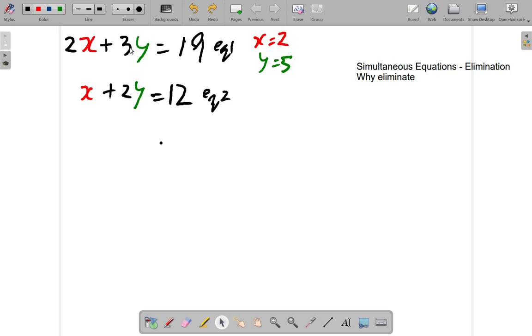Why is that so? We can work with one equation at a time. If we are working with equation 1, the problem here is that we have one equation in 2 unknowns. Alright? If we're working equation 2, we have one equation in 2 unknowns as well. For example, if we had one equation in 1 unknown, we could say if 3y is equal to 19, then y is 19 over 3.